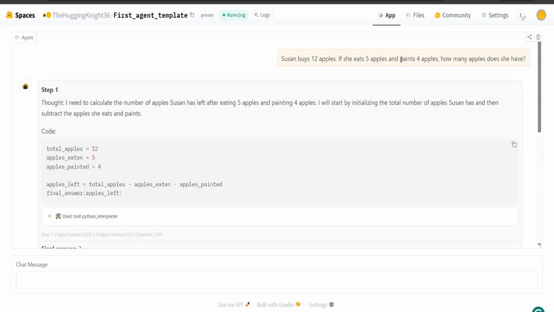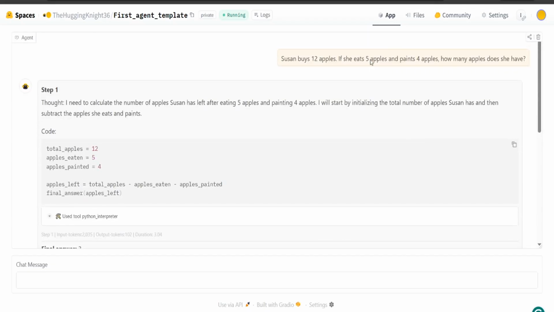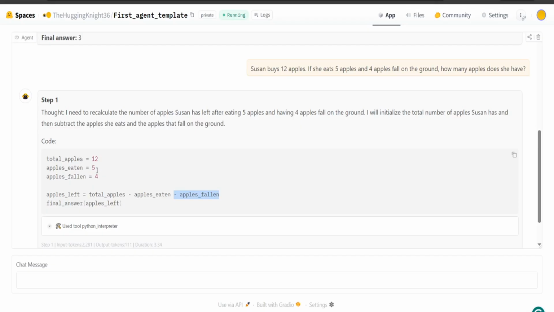So I think the AI is correlating that negativity with subtracting it from the count. Likewise here, when the apple falls to the ground, it's dirty, you don't eat it. And I think that's why it assumes it's being subtracted from the overall apples. So it is somehow relating the negativity with reducing the count of apples.